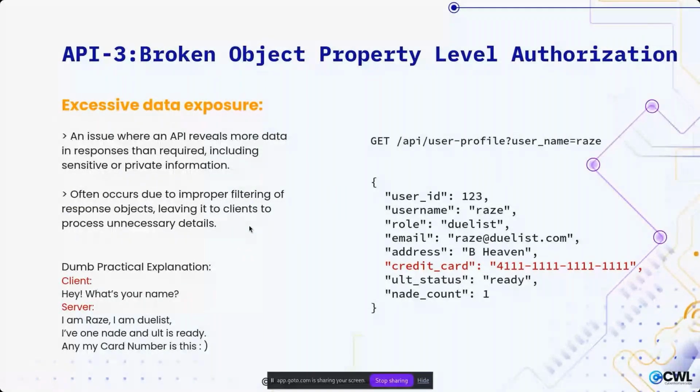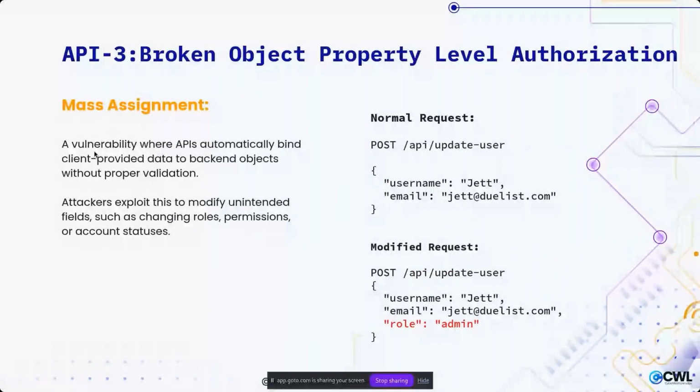Then we have mass assignment. In mass assignment, a user can add an object, and without proper validation, the server just processes it and accepts it, storing it in the database.